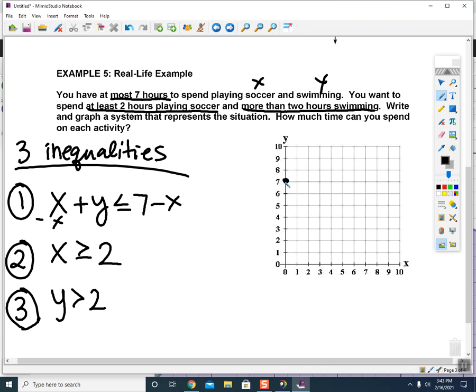Means I'm going to start up here at 7. My slope is -1. I'm going to use a solid line because it includes it, less than or equal to. So a solid line here. I need it to be less than or equal to, so we are going to shade below it.